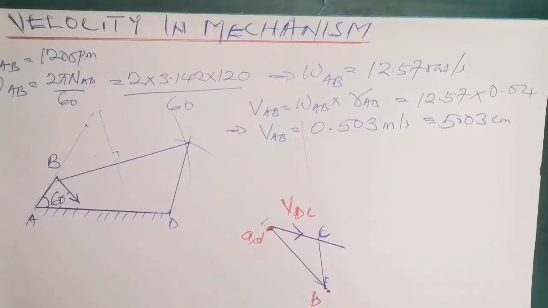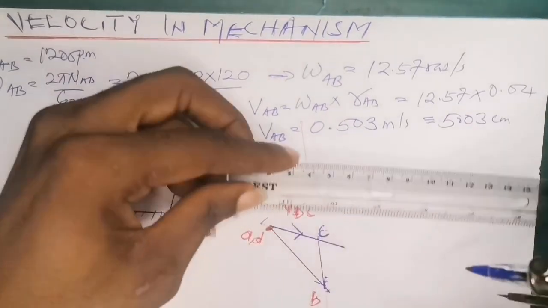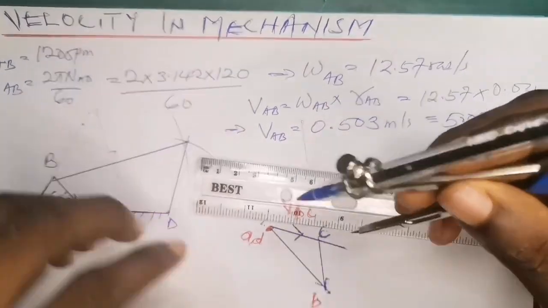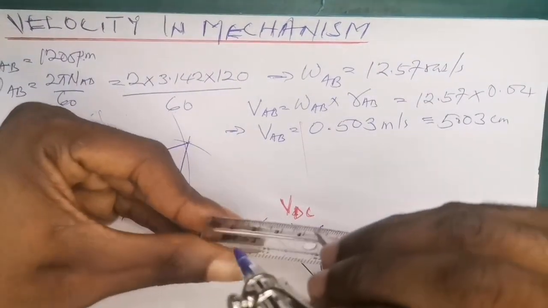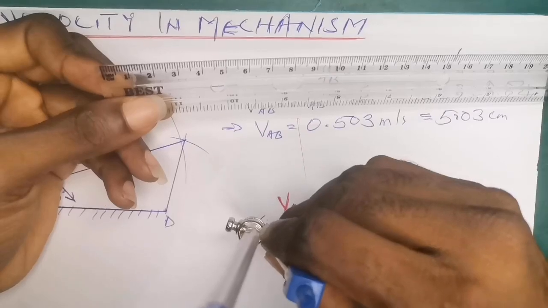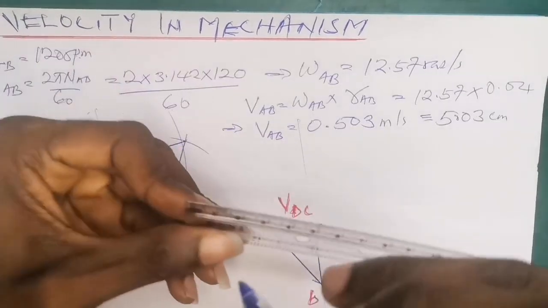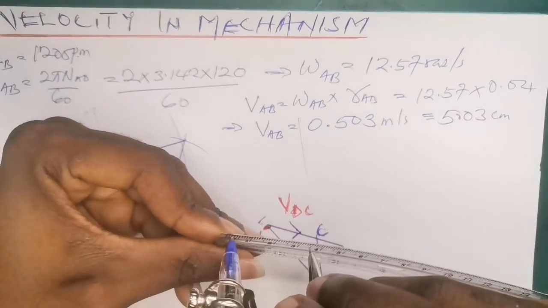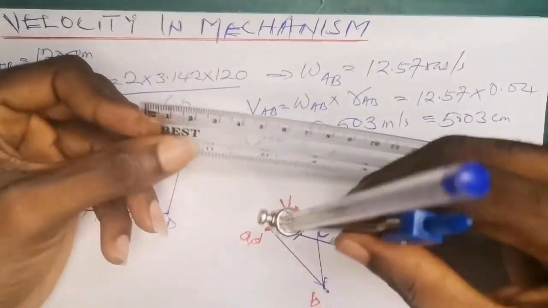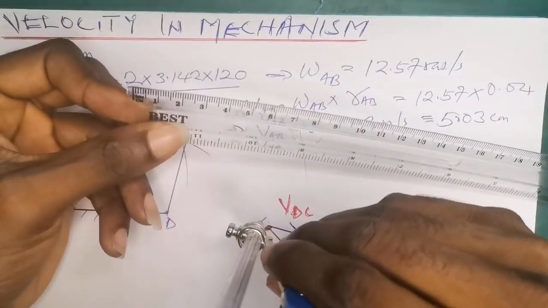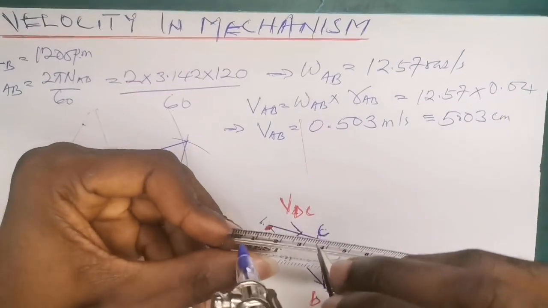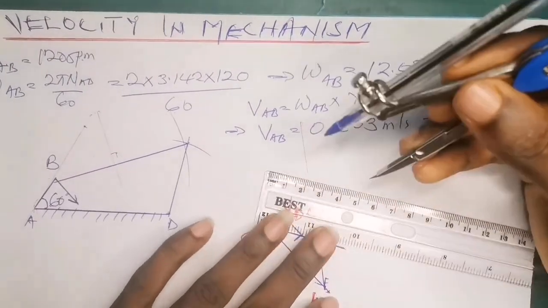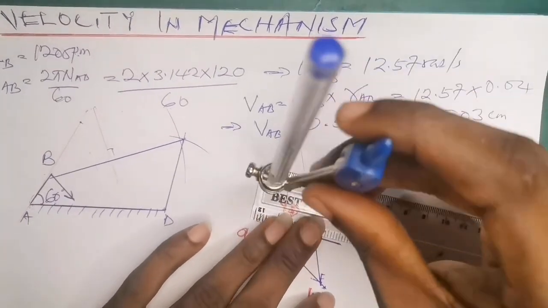Once you get this, you now place it on the meter rule. When you place it on the meter rule, you measure now.